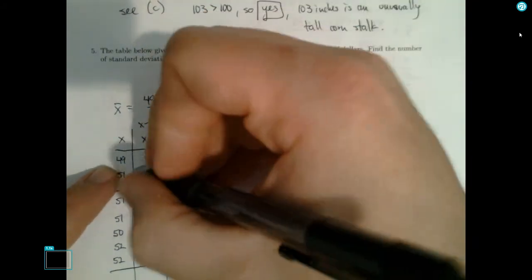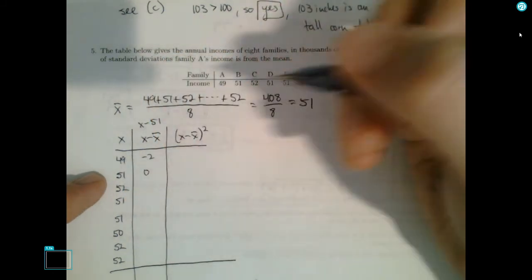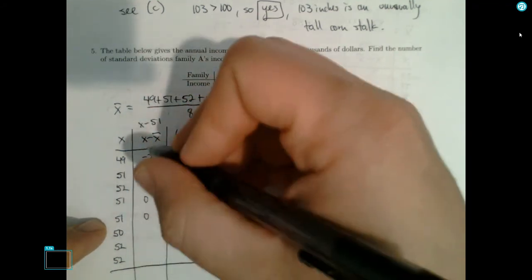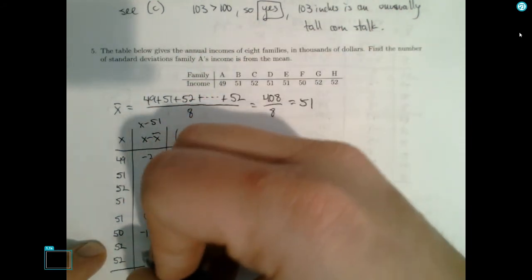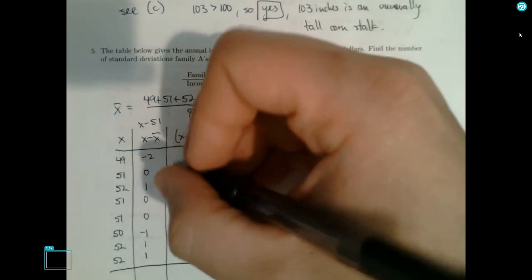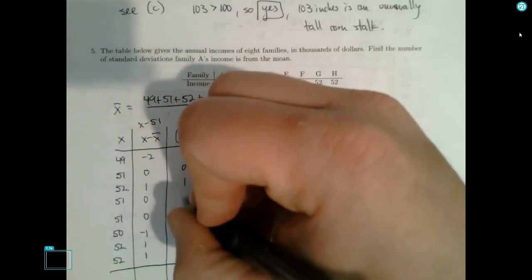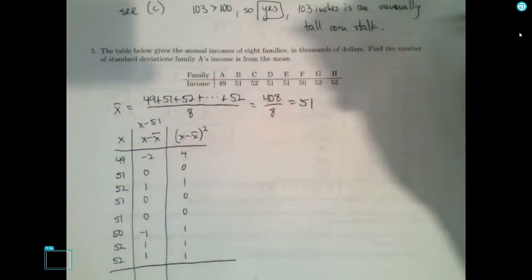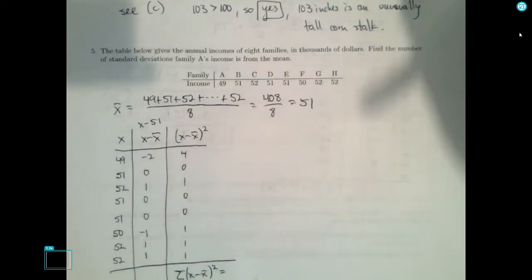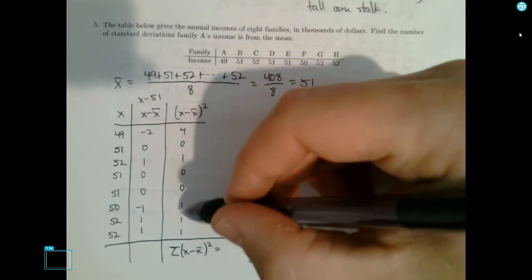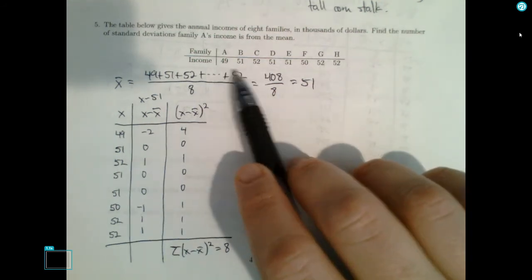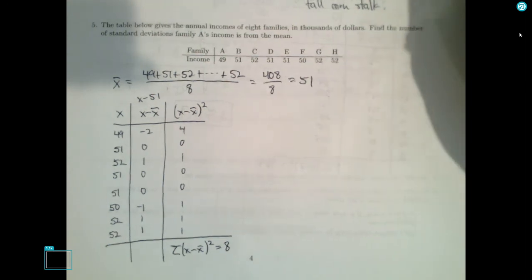So 49 minus 51 is negative 2. 51 minus 51, 0. 52 minus 51 is 1. And so forth. Now we square those. 4, 0, 1, 0, 0, 1, 1, 1. Then we add them up. We get 8. Not much variation in this data at all, right? So this is not surprising.